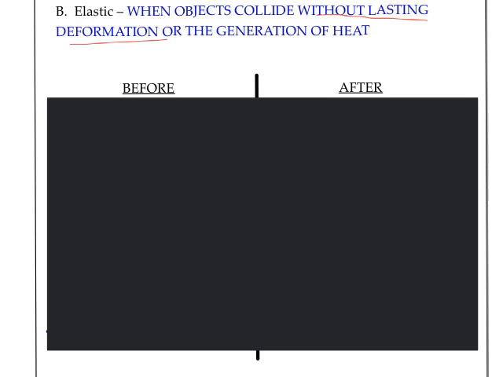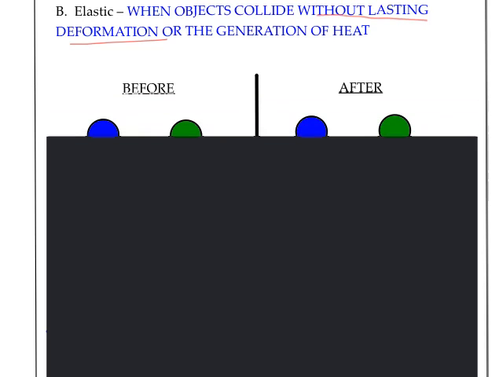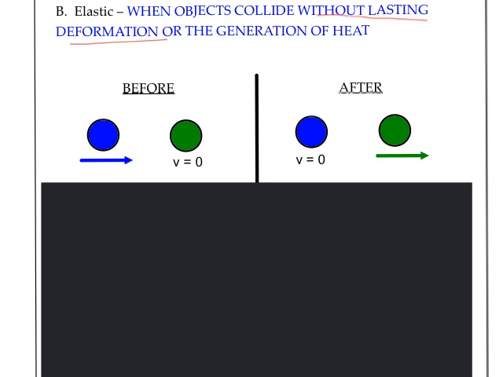So I have a couple of examples for you. For this first one, I color-coded my objects that are going to collide. I had the first one start out at rest, and the other one is going to be moving toward it with some sort of velocity. Once they collide, I assumed that the objects have the same mass, so I drew them the same size in the picture.